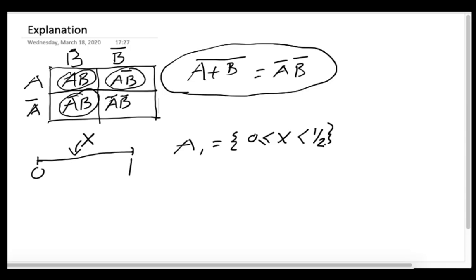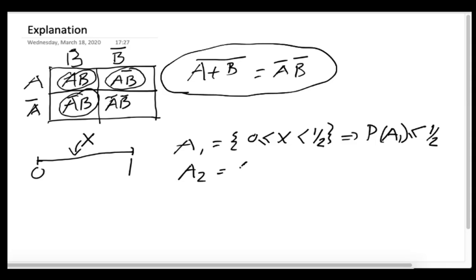You know, the probability of the whole interval is 1, therefore the probability that x is in the interval 0, 1/2 should be at most 1/2, right? Okay. And how about A2?